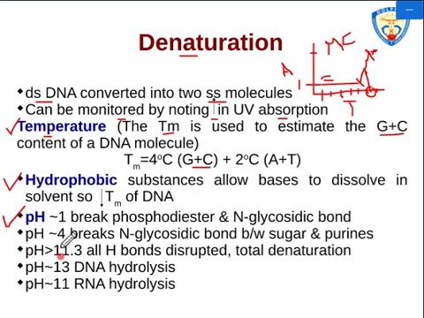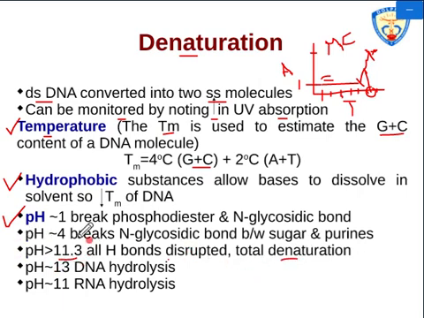Now what happens is, when you take it from the neutral, that is a value around 7, to 11.3, till 11.3 the DNA remains stable. Above 11.3, the hydrogen bonds disrupt, that is hydrogen bonds break, and the DNA will be totally denatured.